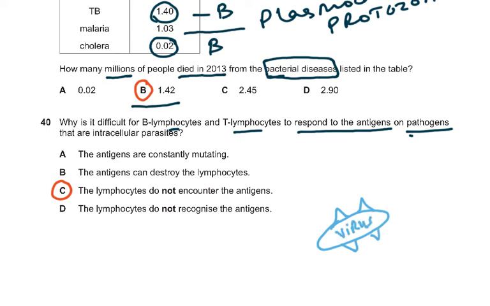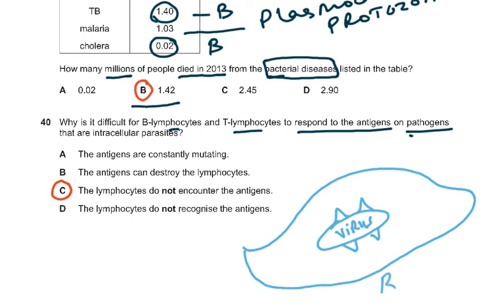Now it says, why is it difficult for B and T to respond to antigens on pathogens that are intracellular parasites? Now, if this virus is inside your body cell, like the Plasmodium hides inside the red blood cells.